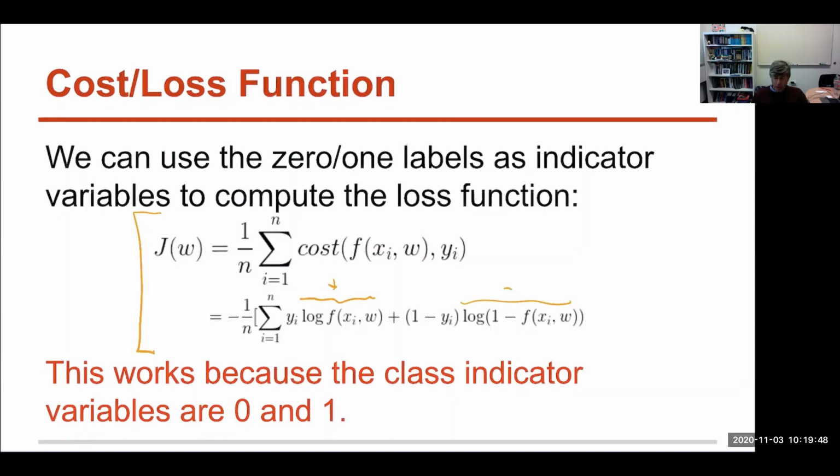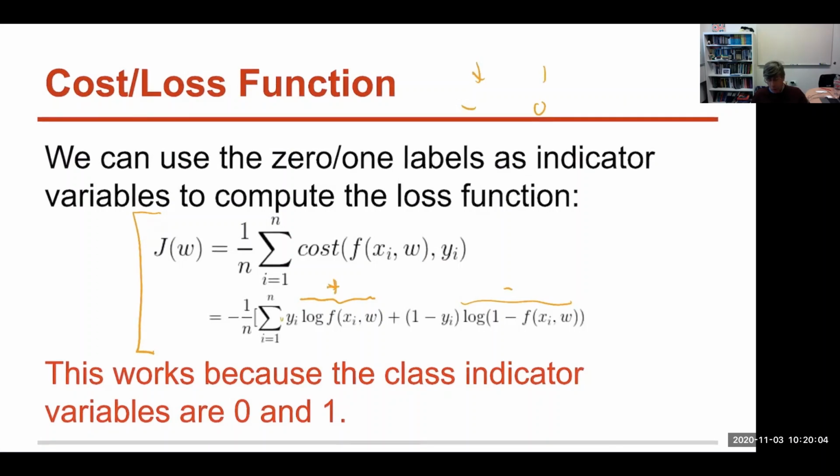Now note that if we say a positive example is 1 and a negative example is 0, then we can use the labels to decide which cost function to use. For each example, if yi is the label of that example and the example was positive, we want it to be this function.